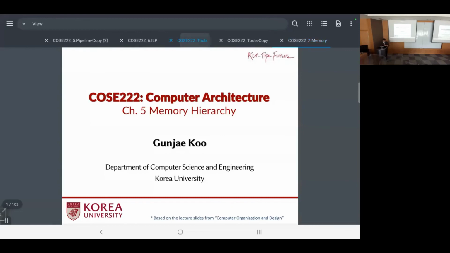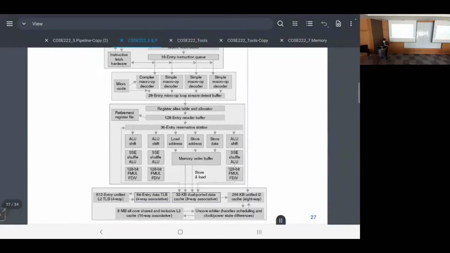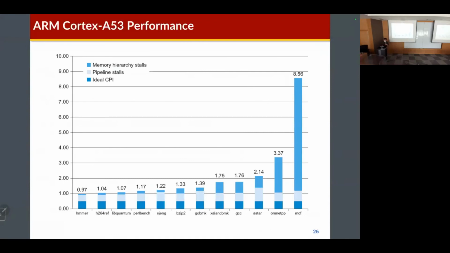Okay, so let's go back to this slide. In chapter 4, we learned about the processor architecture.